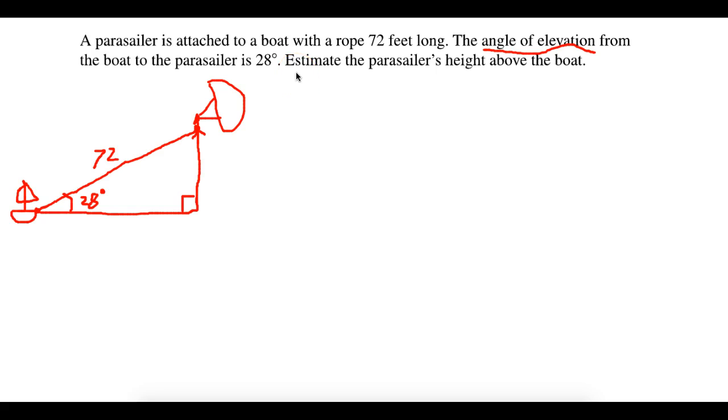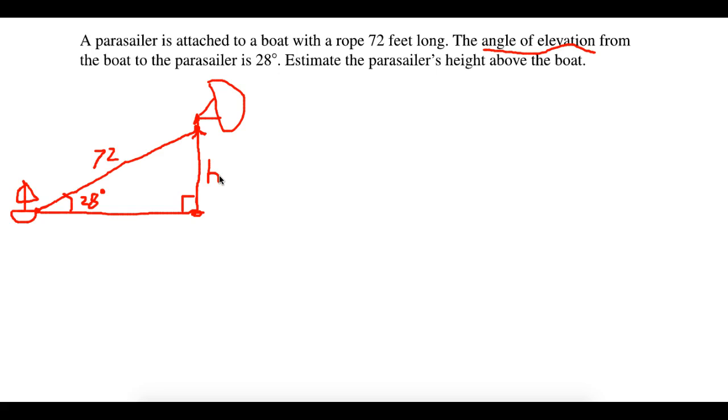We're being asked to estimate the parasailer's height above the boat. Height is the distance from the ground to the parasailer, so that's this right here, which we would call h, our height. Basically, we've got an angle and a side, and we're trying to find another side.